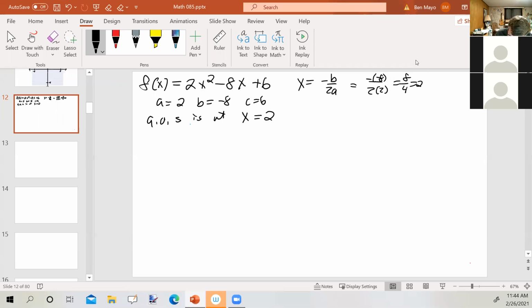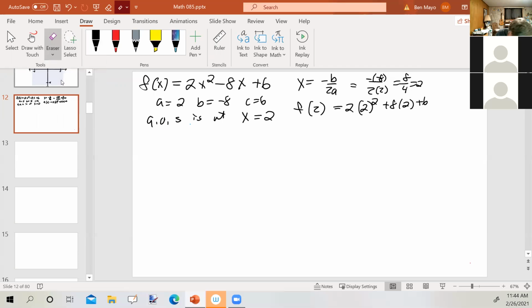So now to find the vertex, I'm going to find f(2) to find the corresponding y value, which is 2 times 2 squared minus 8 times 2 plus 6. I wrote minus, I said minus, and then I wrote plus. The mouth and the brain haven't made a connection. I think that's correct.